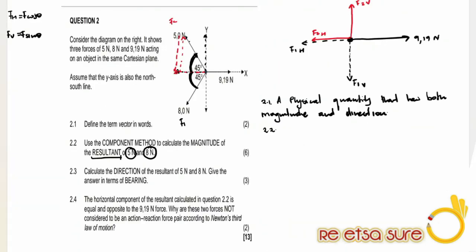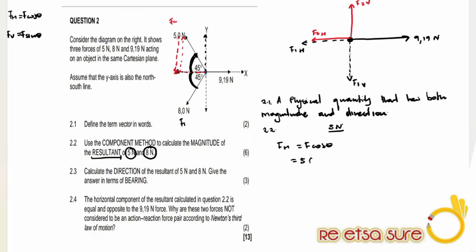Okay? So now let's check. If I want to determine the horizontal and vertical components of this one, let me write down here for 5 Newton. F horizontal equals F cos theta. And what is my force for this one, F2? My force there is 5.